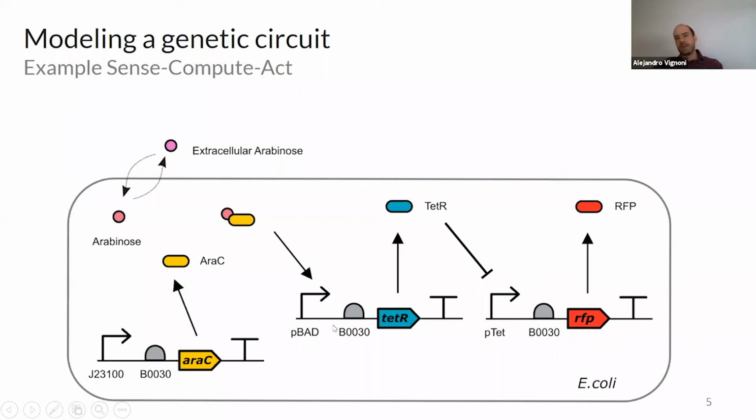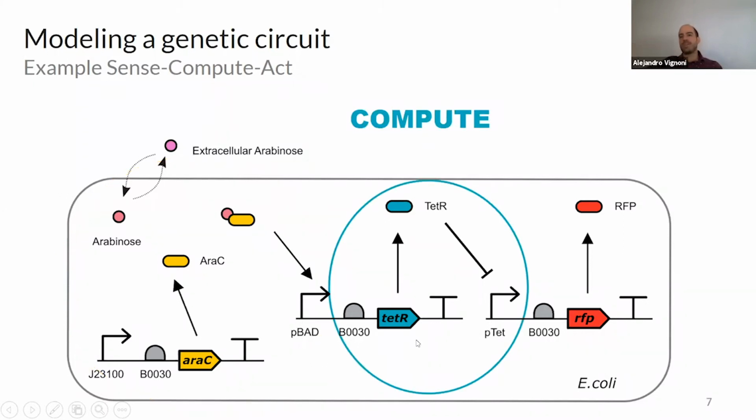So up to here, we will have the sense part, and whatever we connect here, which in this case is the TetR protein, but it can be anything else in whatever you want to build. So the level of the protein you put here will be expressed depending on how much arabinose you put into the medium. That's the sense part.